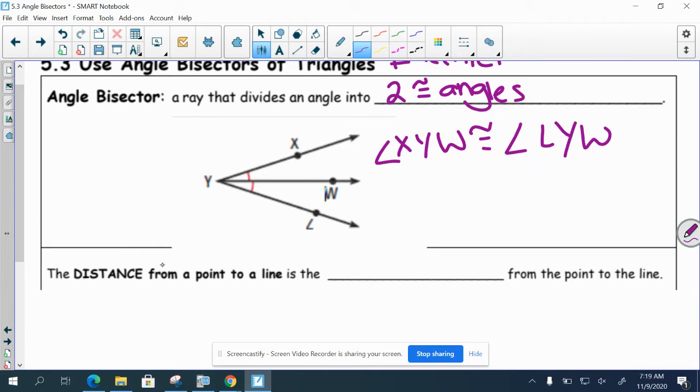And then here, one thing that's important is the distance from a point to a line is the perpendicular segment from that point to the line. Okay, and you've already known that too, but for the angle bisector, we're going to talk about the angle bisector theorem, which uses that concept.